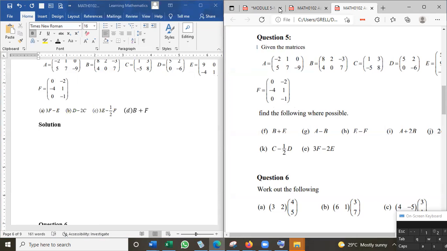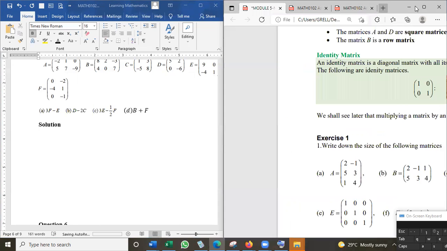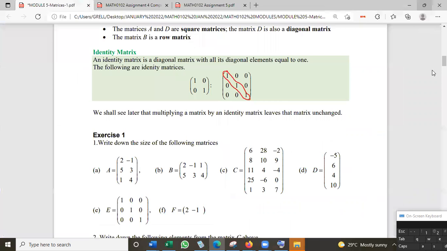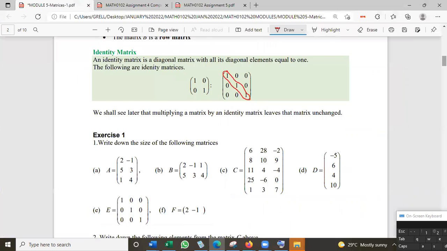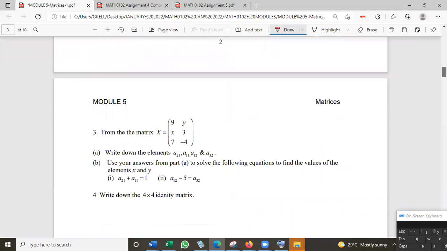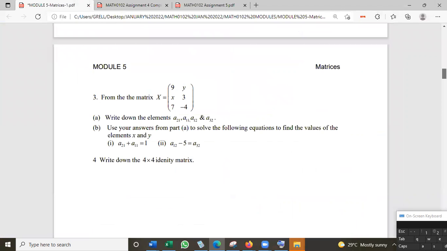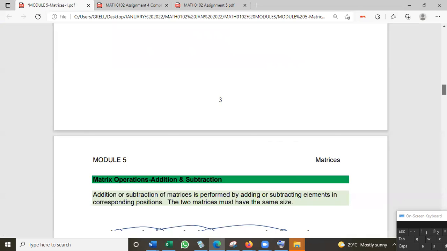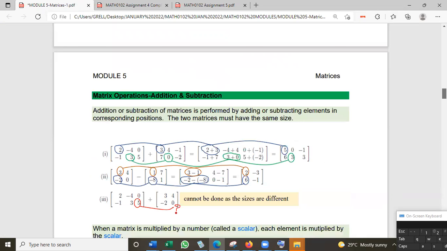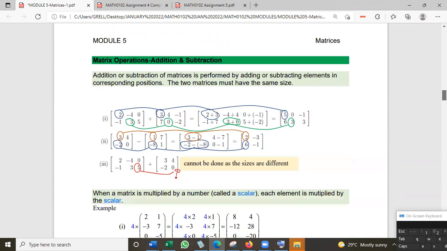Module 5. Adding and subtracting matrices. So where does it talk about matrix operations, addition and subtraction?